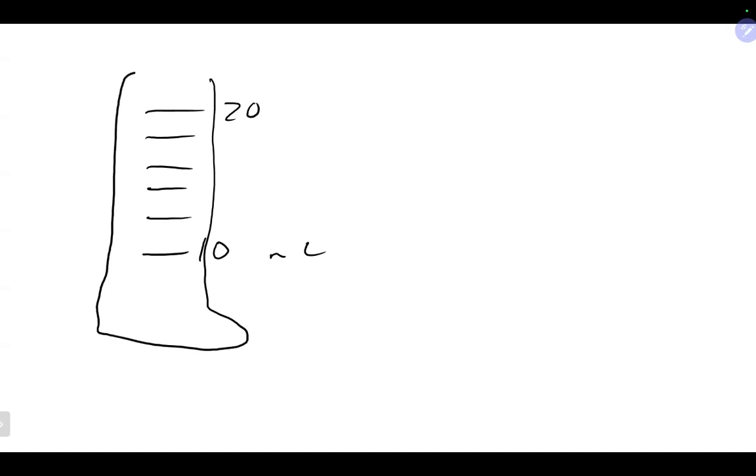So let's say we had our little different graduated cylinder, I suppose. We're getting worse at the drawing here. So the big markings here are still going to be 10 milliliters.